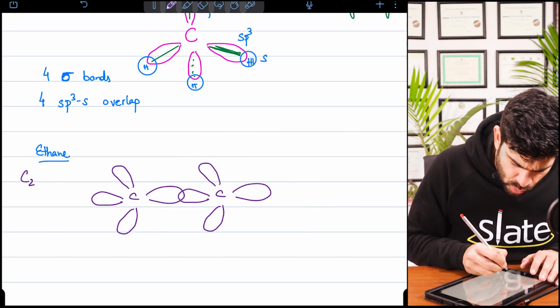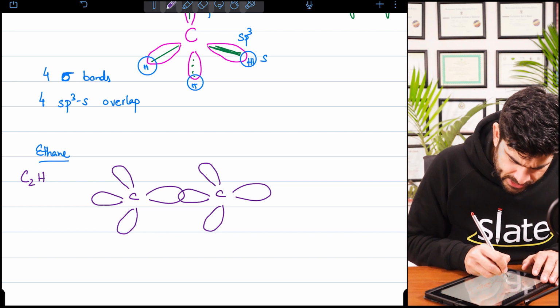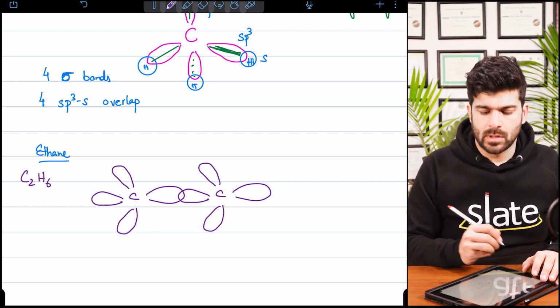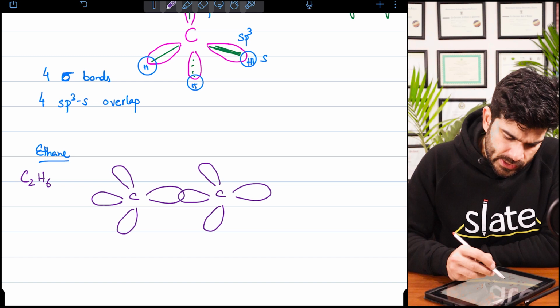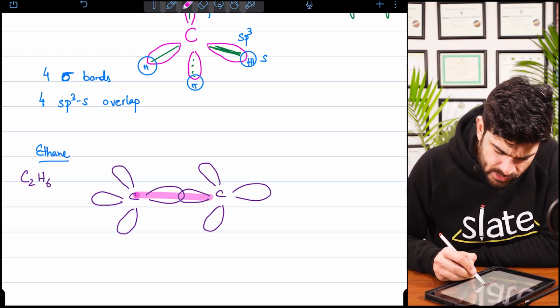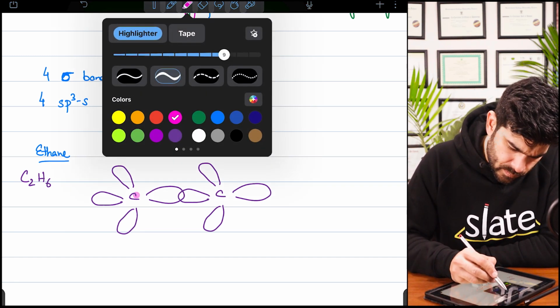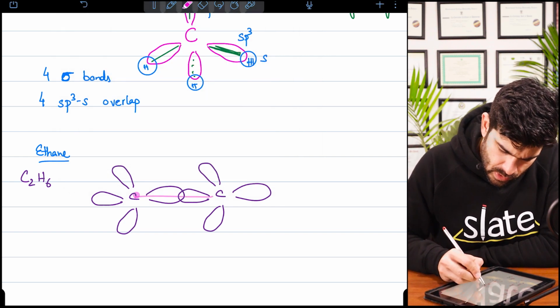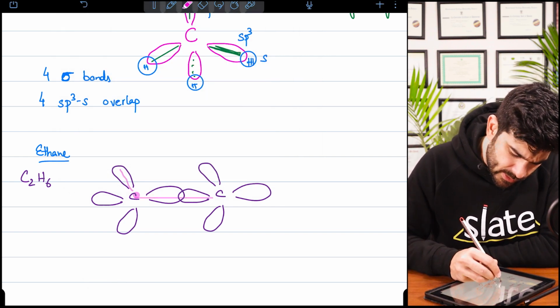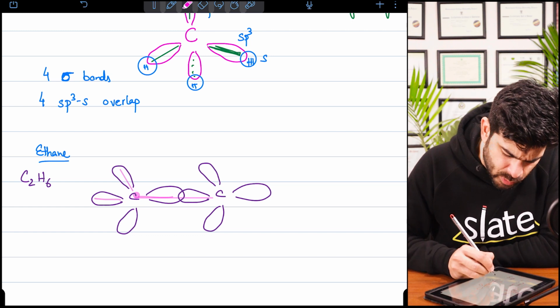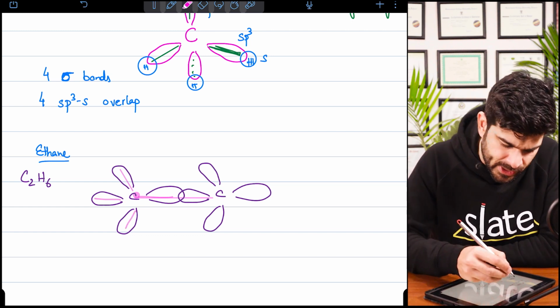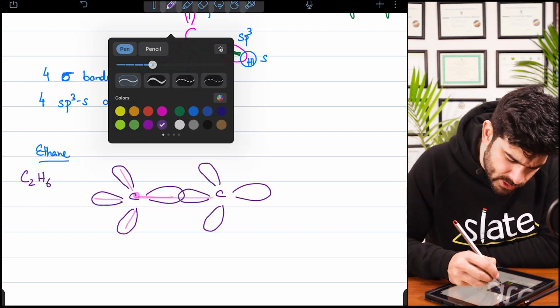This would be C2H6. Now, there is a carbon-carbon bond, we know that. Then, this is sp3, this was sp3, this was sp3, this was sp3. They were all sp3. But now let's add hydrogens.